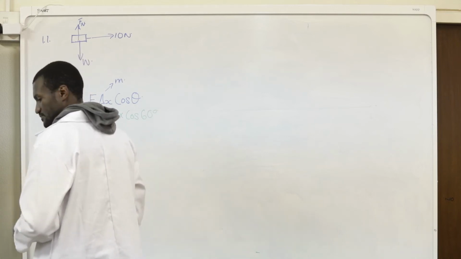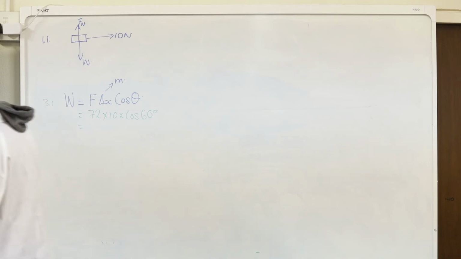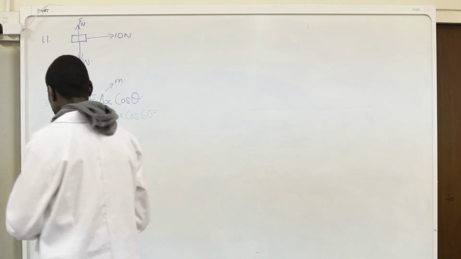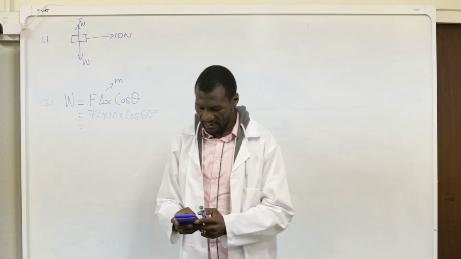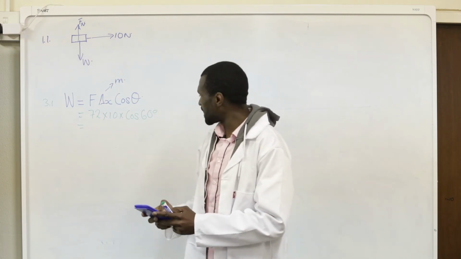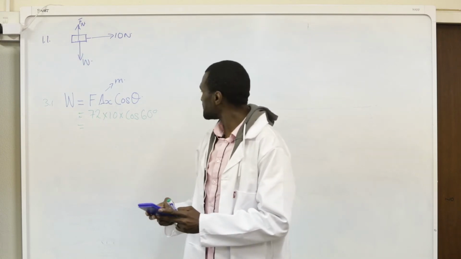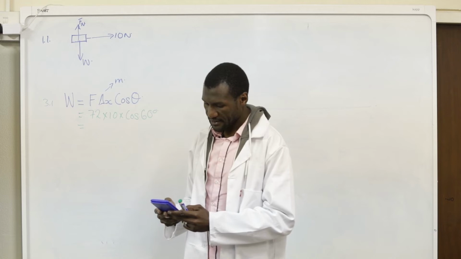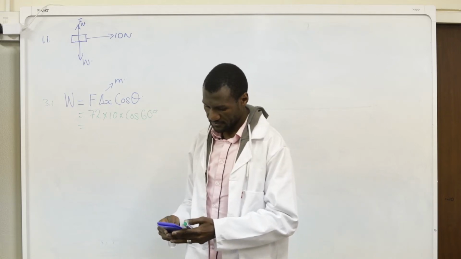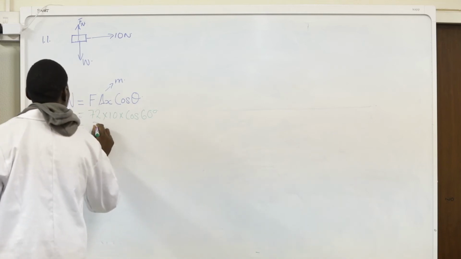Once again, we need to calculate that. Bring the blue baby closer and let's calculate together. 72 times 10 multiplied by cos of 60 degrees is equal to 360 joules.